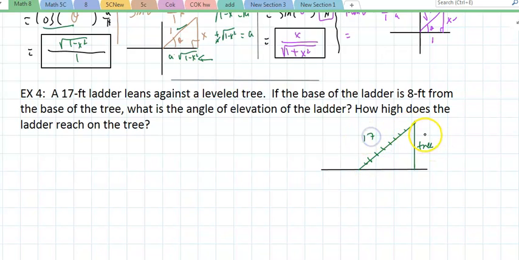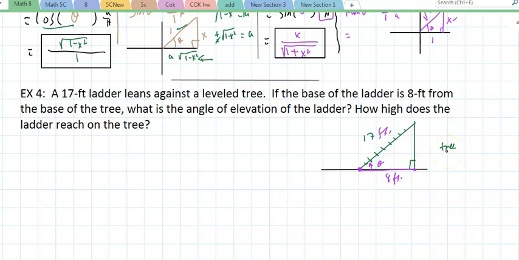This is 17, and this is 8. It is leveled. If the base of the ladder is 8 feet from the base of the tree, what is the angle of elevation of the ladder?